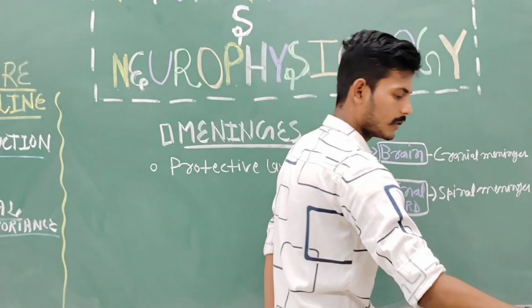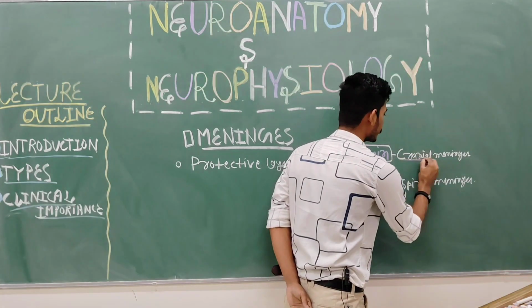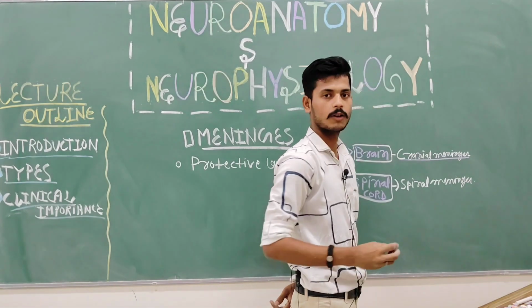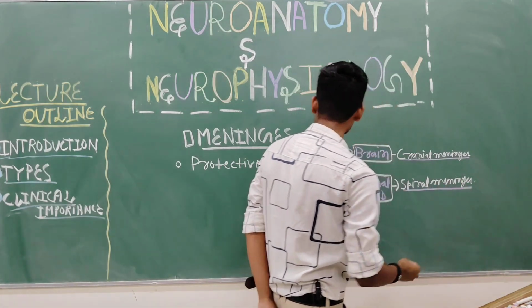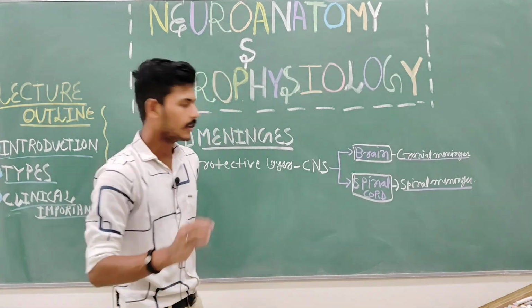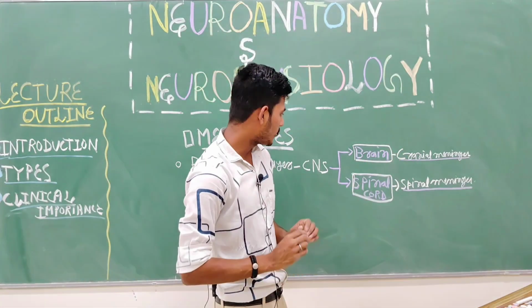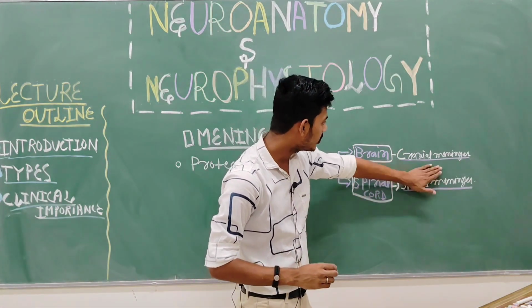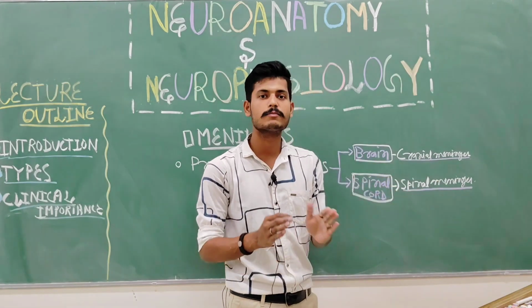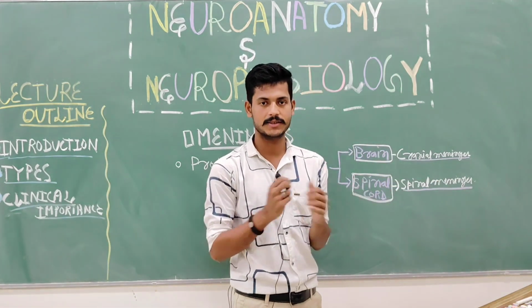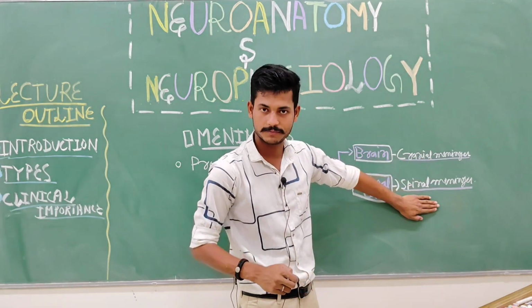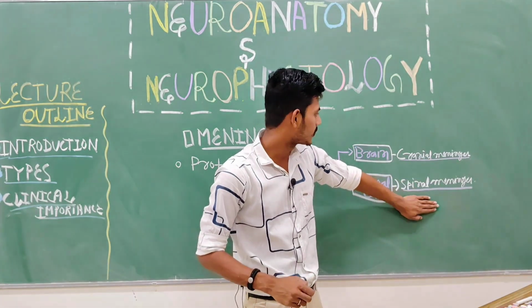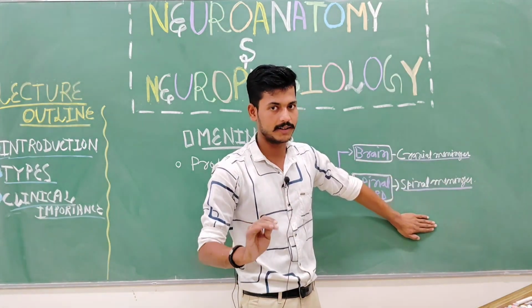Cranial meninges is the covering of the brain, and spinal meninges is the covering of the spinal cord. Another thing we have to understand is that the cranial meninges and the spinal meninges are both the same meninges. Just the name varies due to their location.